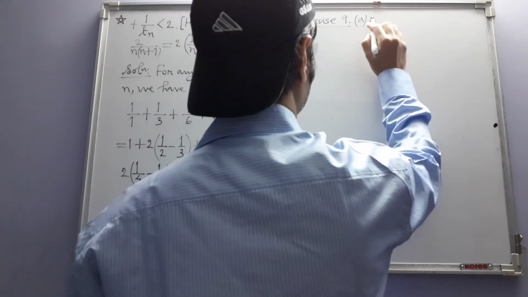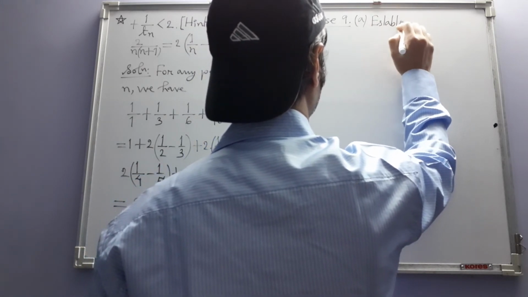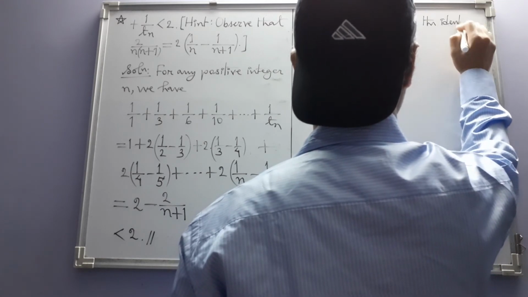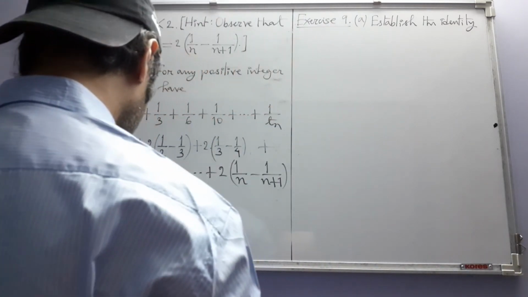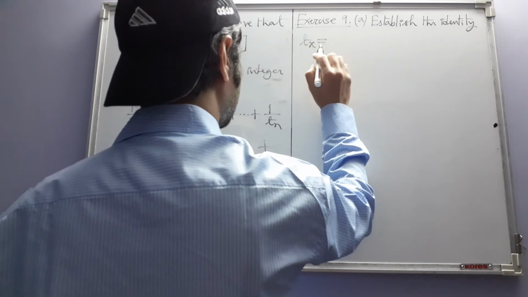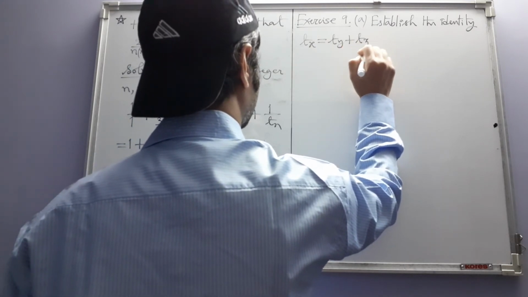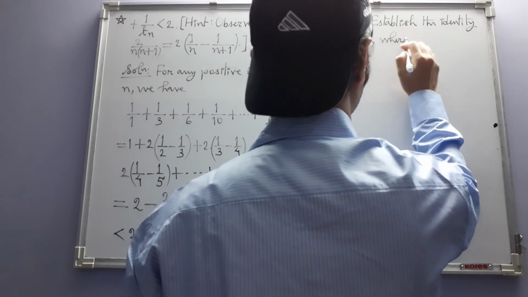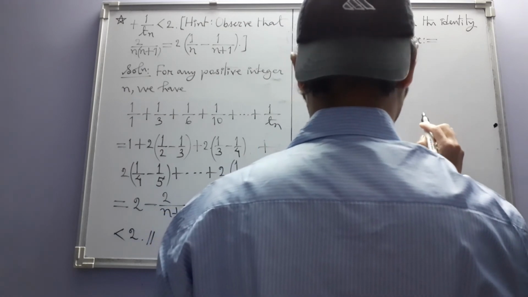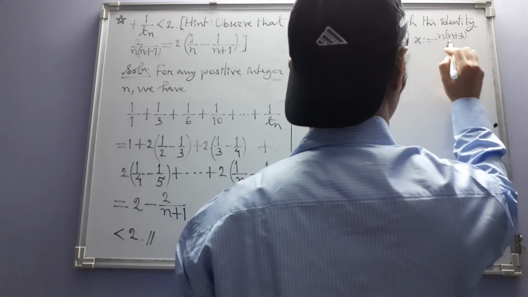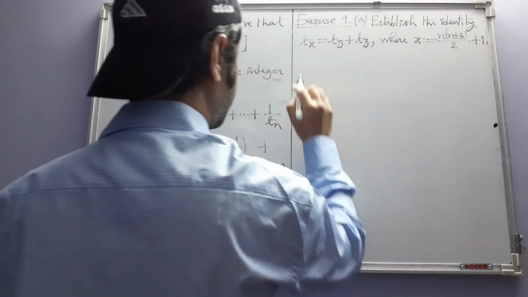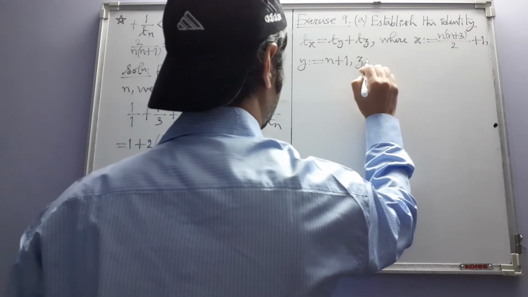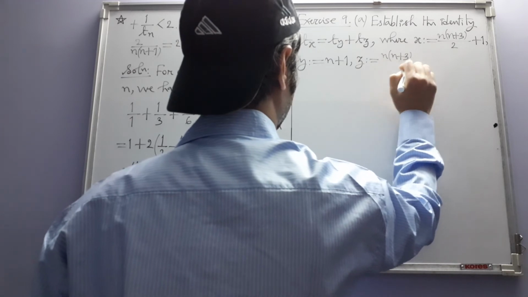A. Establish the identity Tx equal to Ty plus Tz, where these are of course triangular numbers. x is n times n plus 3 divided by 2 plus 1. y is n plus 1. z is n times n plus 3 divided by 2.